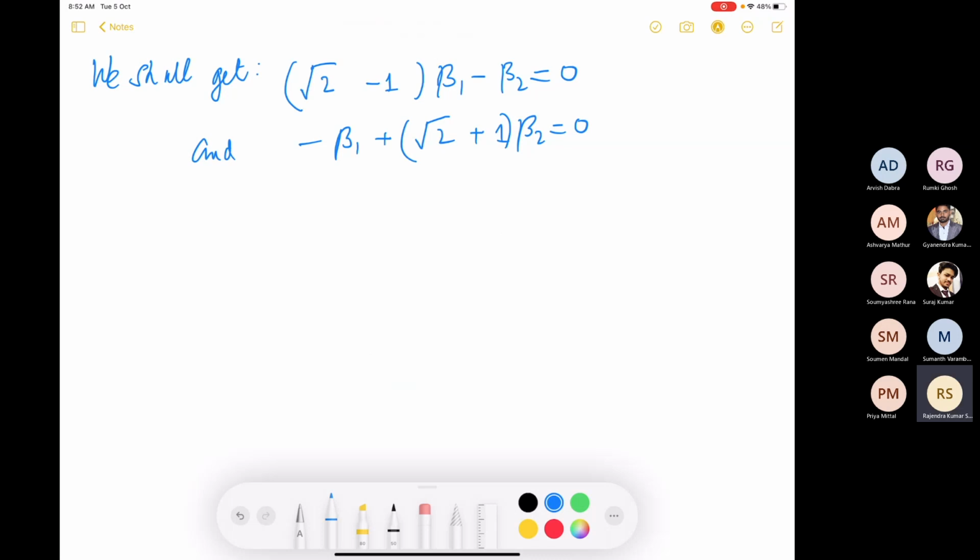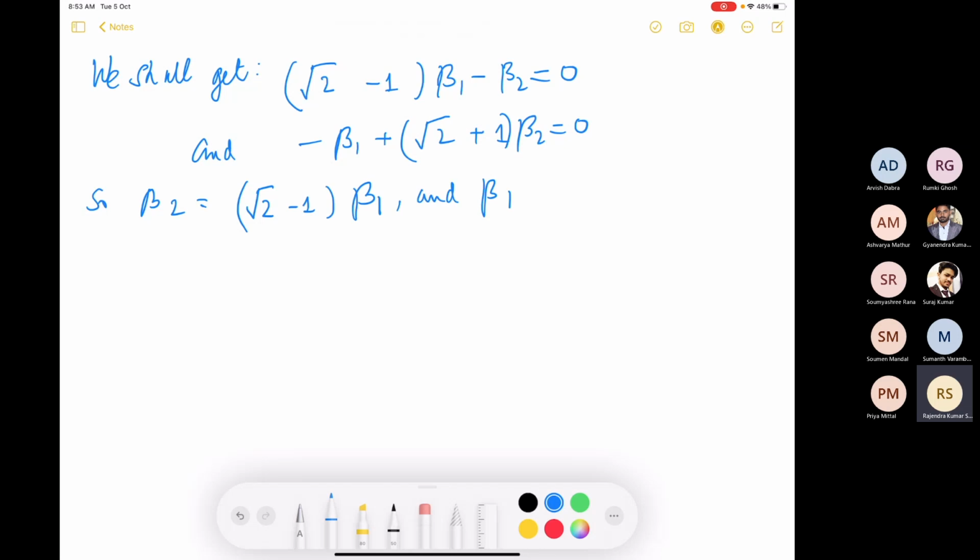You can also see that we have a relationship among beta 1 and beta 2. So from equation 1 you can have beta 2 as root 2 minus 1 times beta 1, and beta 1 can be taken as beta 1 as such.